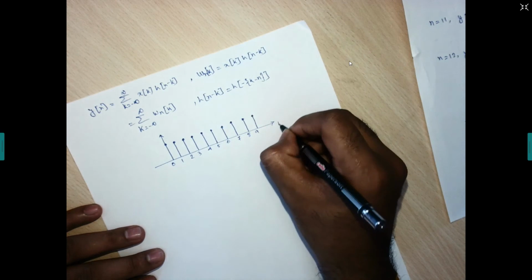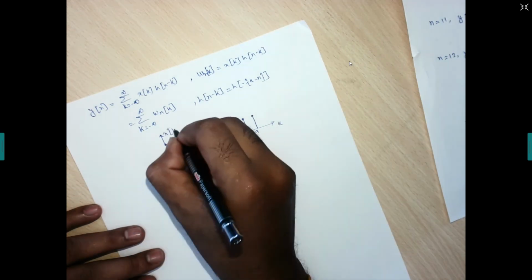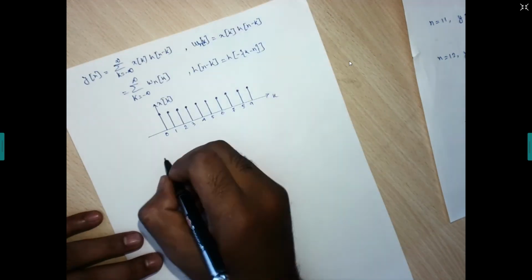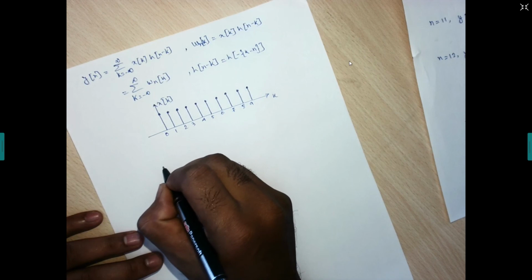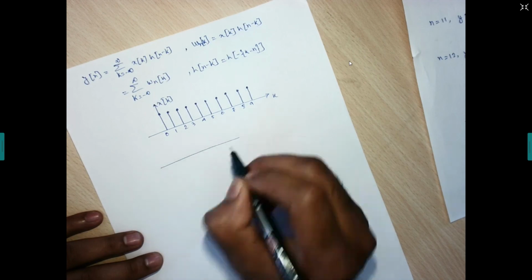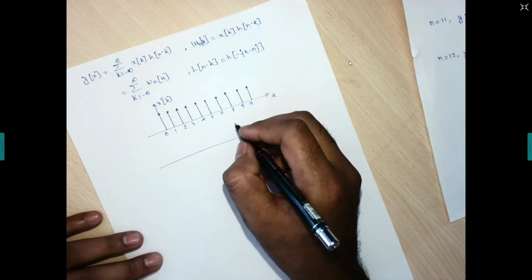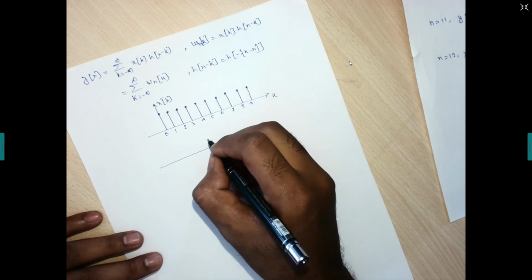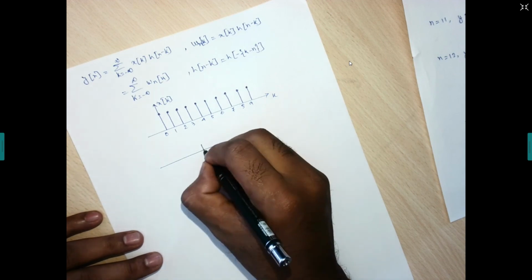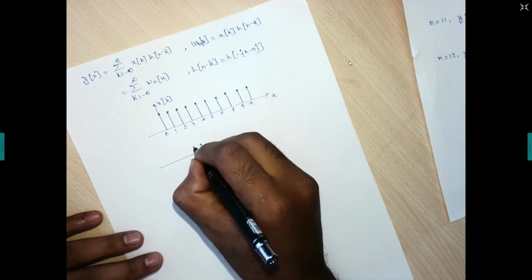So on the k axis, it is our x of k. Okay. Now just below this I am drawing our h of n minus k. So what we need to do? We need to reflect and shift. So this rightmost sample, where we have been shifting, that is supposed to be n, right? This is n. Then 4 samples will be there.